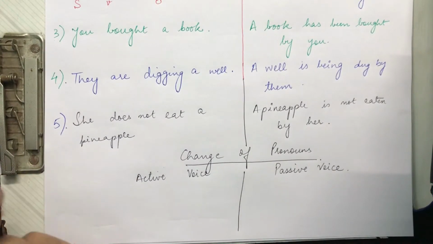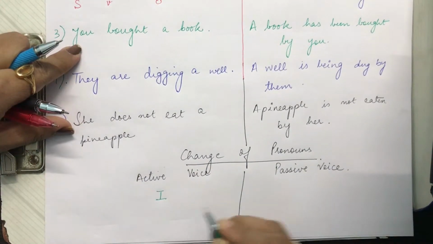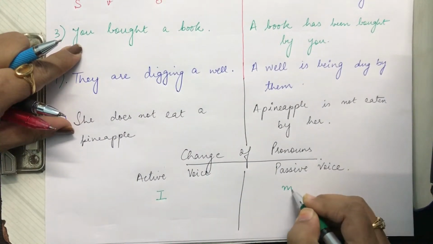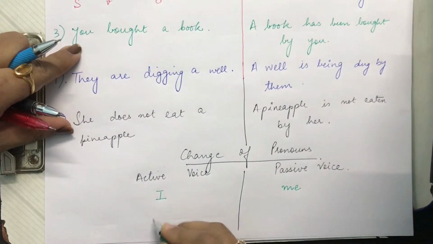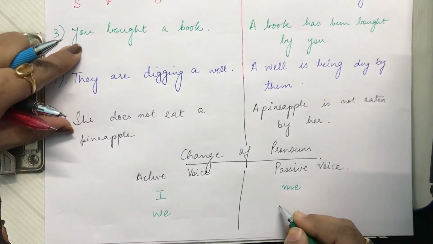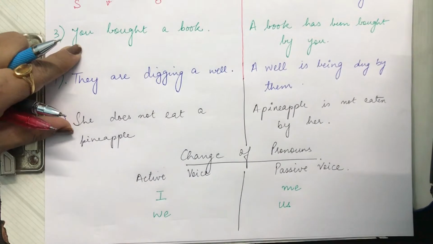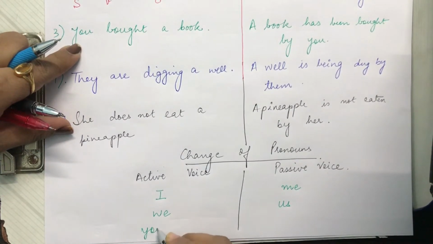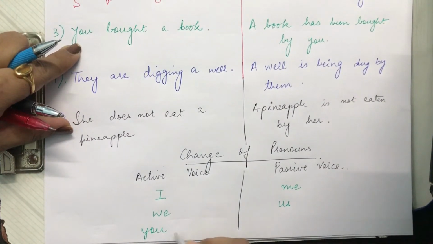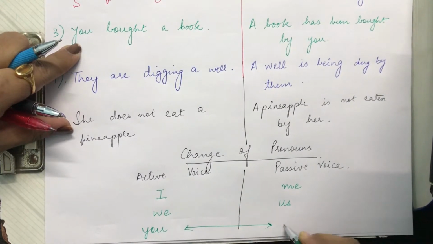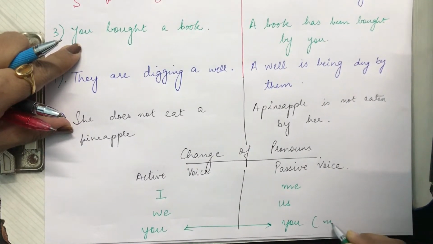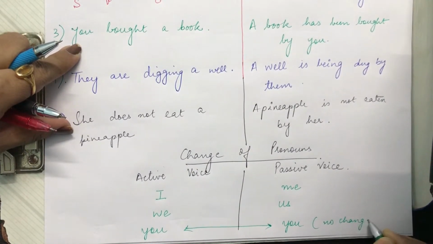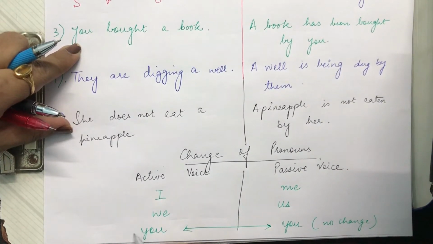Now, the pronouns like I is converted to me in passive. We is converted to us in passive. You, there is a change. You remains you. No change. This is something which is exceptional.